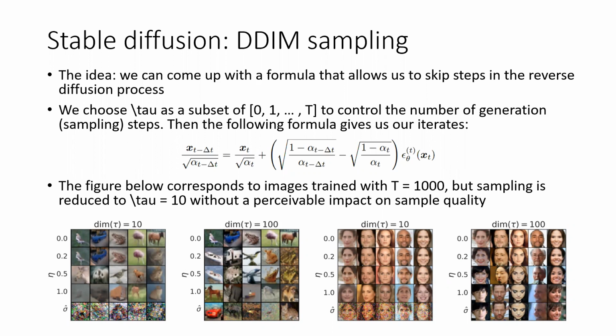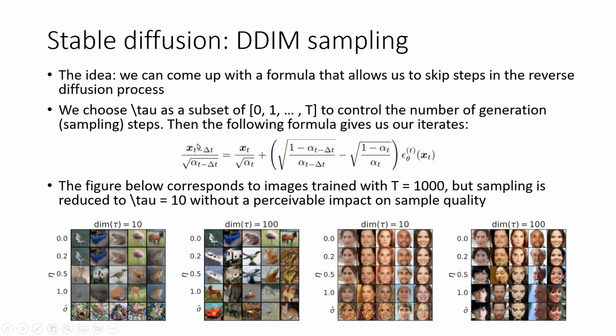So what we're going to do is choose tau as a subset. Tau will be a sequence of t's, and it will be a subset of 0 to capital T. The difference between each of the numbers in the sequence tau we will call delta t.